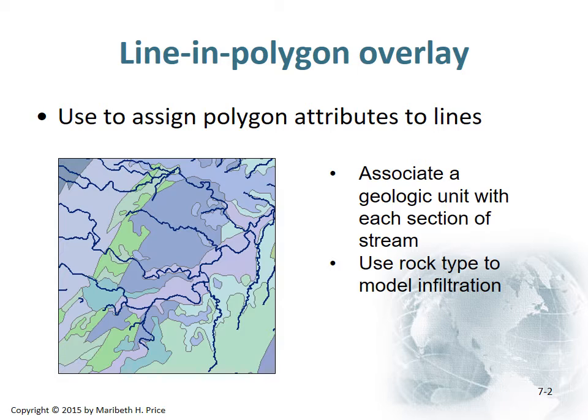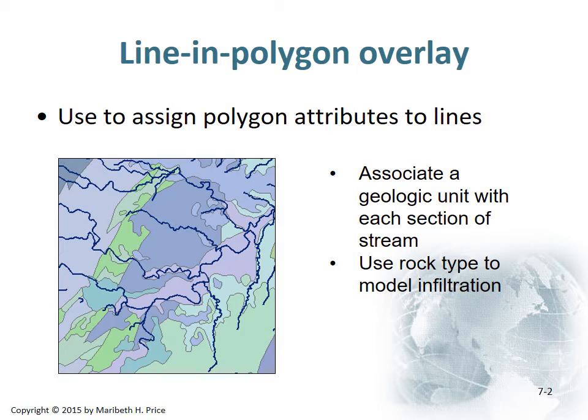The line and polygon overlay works by, you guessed it, assigning polygon attributes to the lines. So in this case, a stream network over a polygon data set of geological units. Then we can associate the information from the geological units with each stretch of a river, or each segment of a line, if you think of it that way.